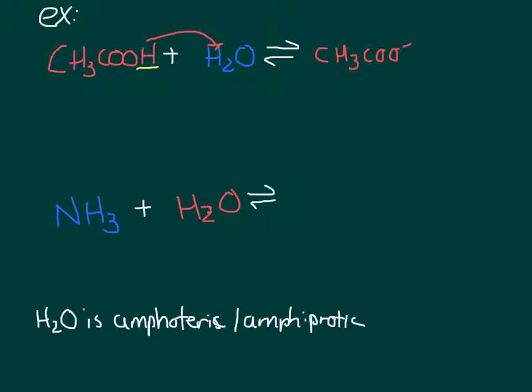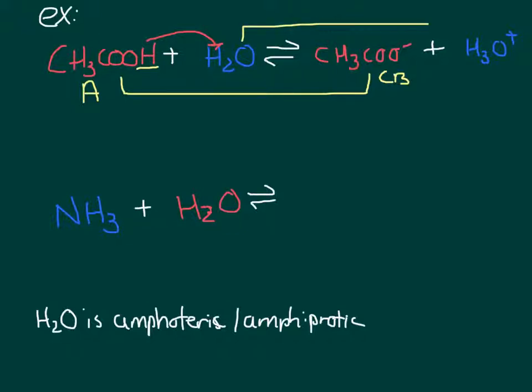Then we have our water accepting that hydrogen ion to become H3O+. Where are our pairs? Our pairs are CH3COOH and CH3COO-. Here we have our acid, here we have our conjugate base. H2O and H3O+. Water's acting as a base, and here is its conjugate acid.